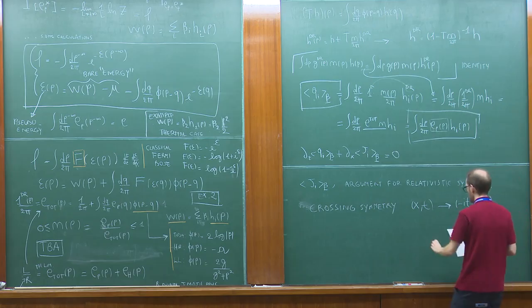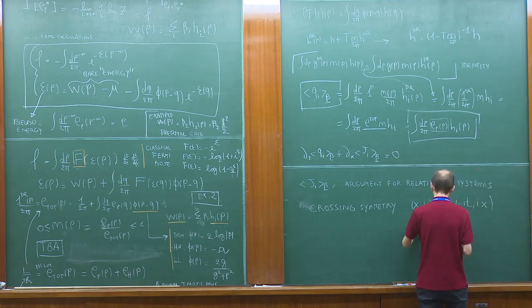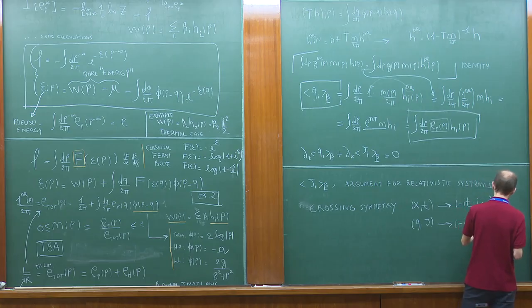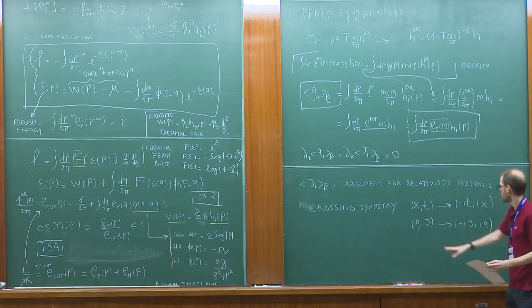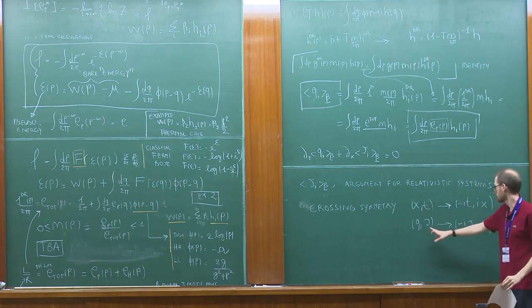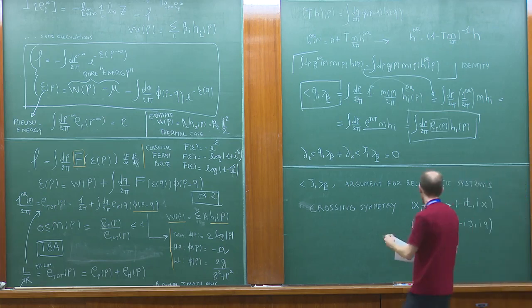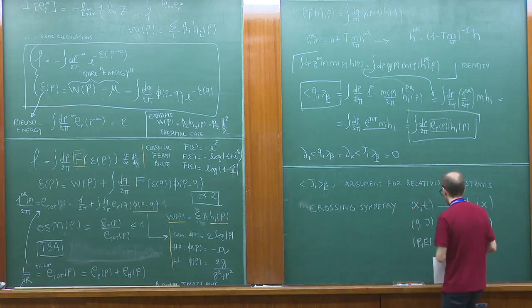And under this change, if you take the two-vector of the density and the current, this goes into this. So a density is mapped into a current, and a current is mapped into a density upon swapping space and time.